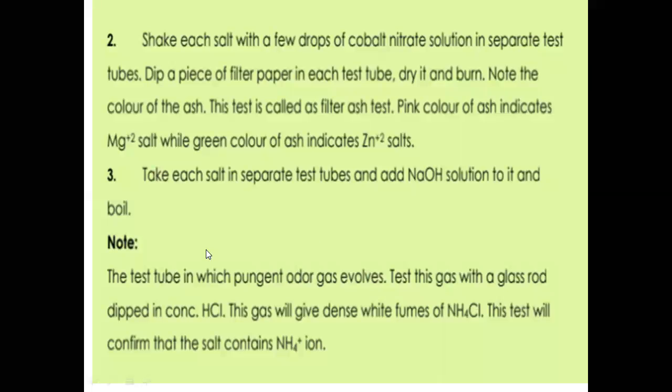Then the third test is: take each salt in a separate test tube and add some sodium hydroxide solution to it, and then we will heat it or boil it. In the test tube in which a pungent odor gas evolves, pungent means irritating, a strong irritating smelly gas, test this gas with a glass rod dipped in HCl. Take a glass rod, dip it in HCl and hold it over the gas.